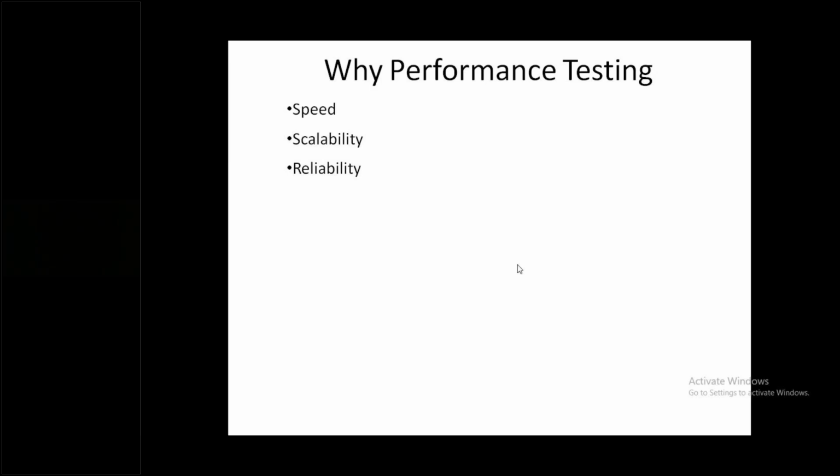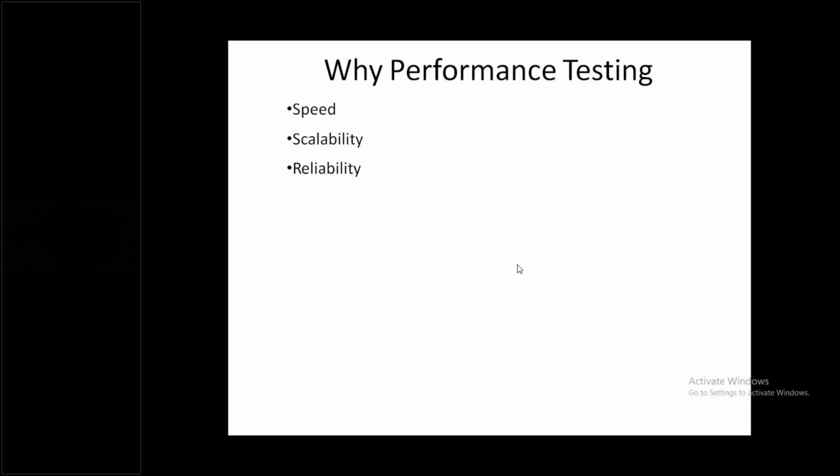For reliability, we do the endurance tests. Right? So every test has a different objective. Now I'm expecting that because we are going to learn about the real-time project, you all know at least the basics about performance testing and the basics of JMeter, right?